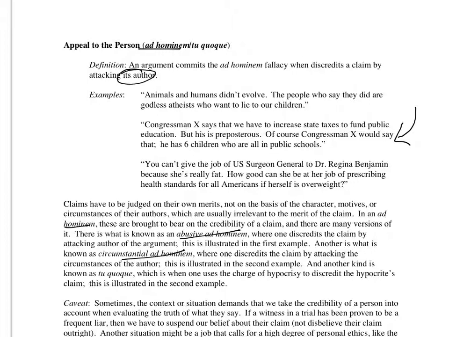The way that this commits the fallacy is by saying that this proposal to increase state taxes to fund public education is a bad proposal because Congressman X has something to gain by instituting this policy. Maybe he does have something to gain, but for all that, it doesn't mean that this is a bad policy. It could actually be a very good policy because many people might be able to benefit from it.